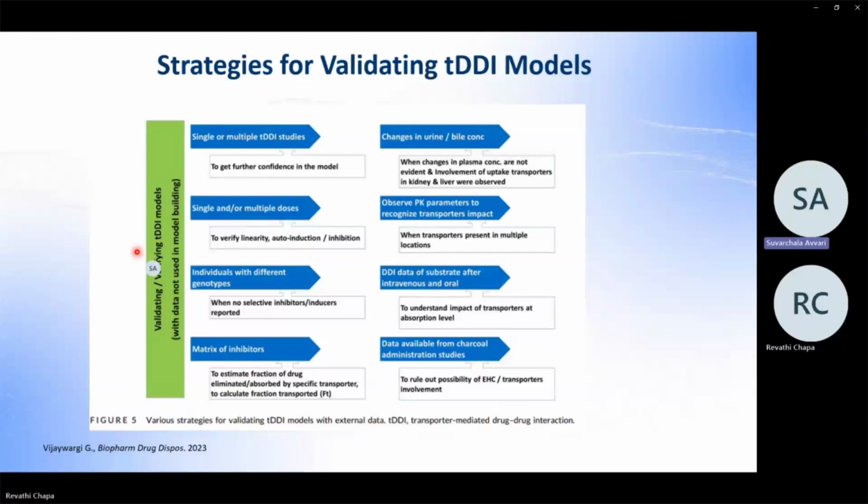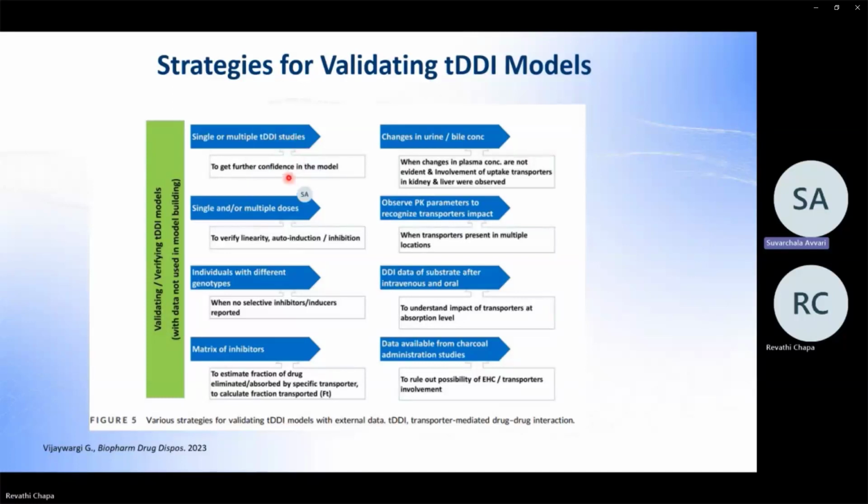And this slide talks about strategies for performing the TDDI model validation using external data. In general, it is recommended to validate the model with single or multiple TDDI studies in order to obtain confidence in the model.